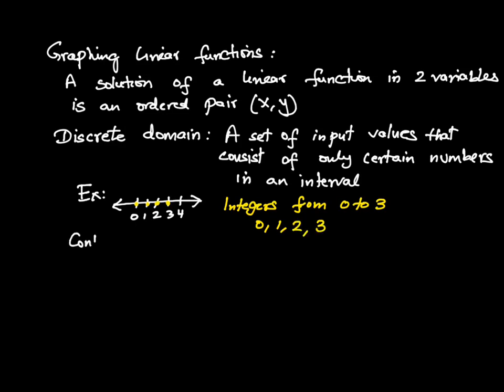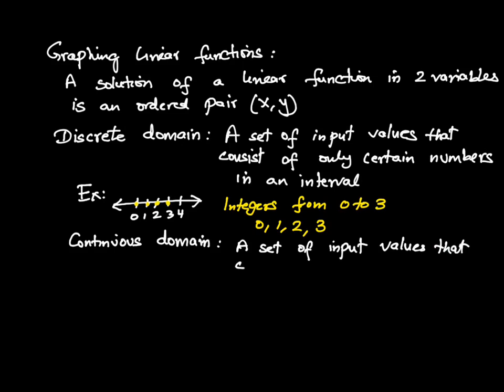All right. On the other hand, if you have continuous domain, so that one is going to be a set of input values that now in this case is a continuous interval, all the values in the interval.